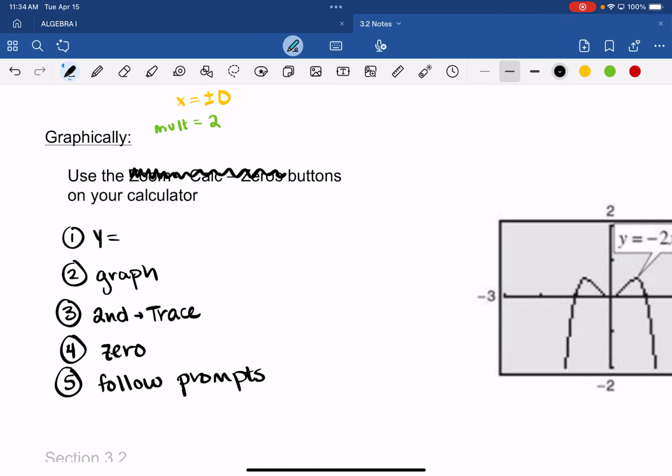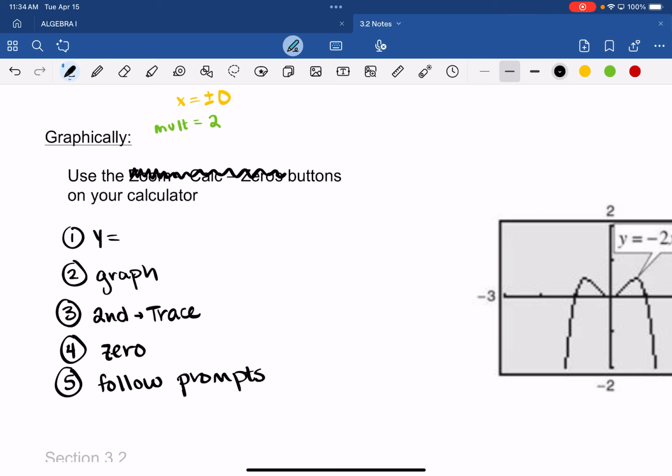And then it says guess. You can just hit enter again. You don't actually have to guess. And it should move your cursor right to that point. Now that only gives us this point. So you'll have to do this step 2 more times to get the other ones. We're not going to do all 3 of them, but that's how you do it on your calculator.